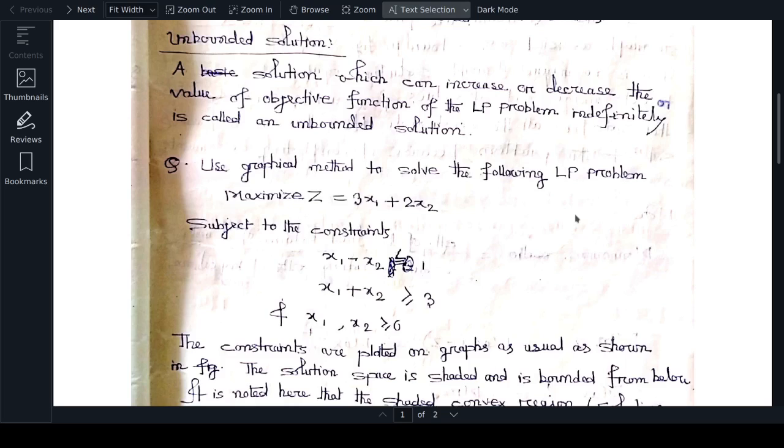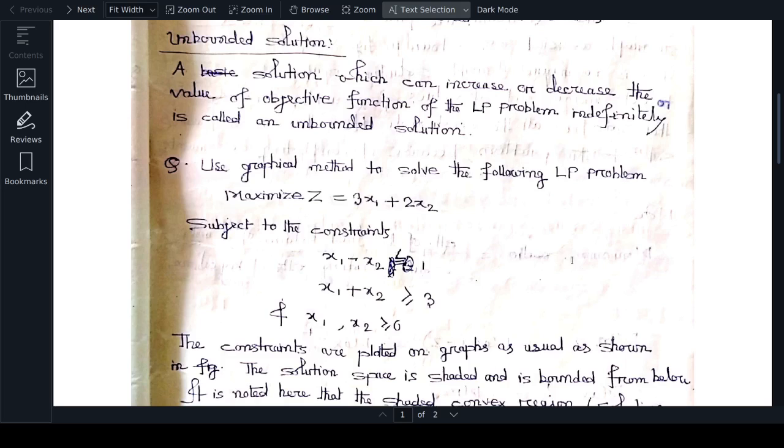Yes, there is no boundary, no range, so this is called unbounded. A solution which can increase or decrease the value of the objective function of the linear programming problem indefinitely is called an unbounded solution.